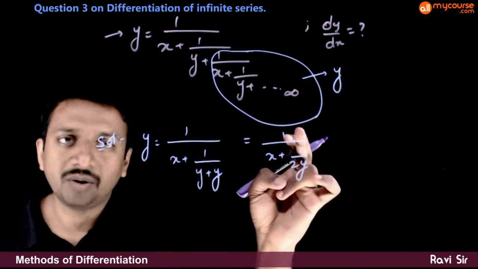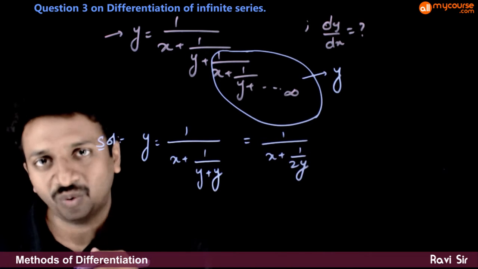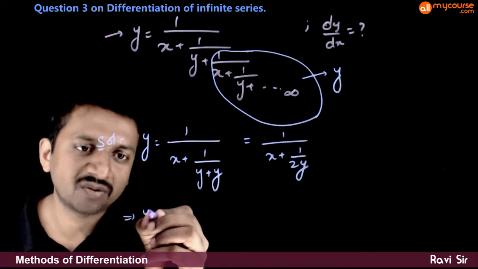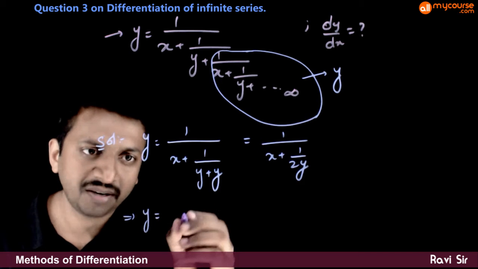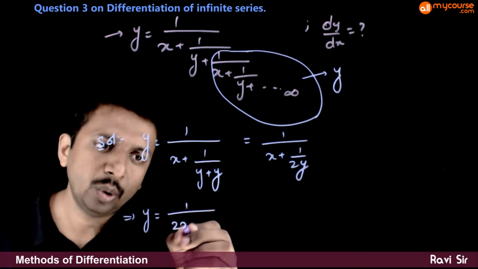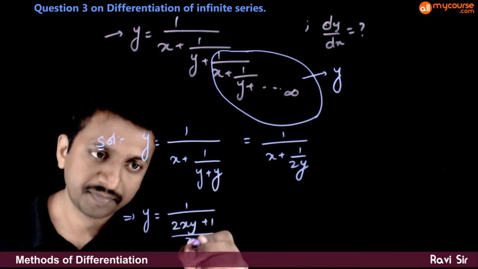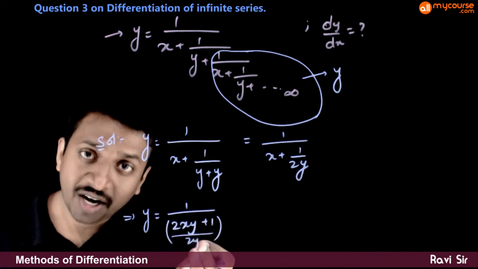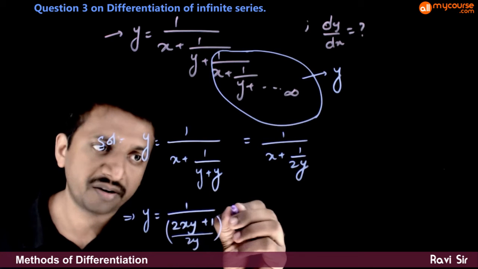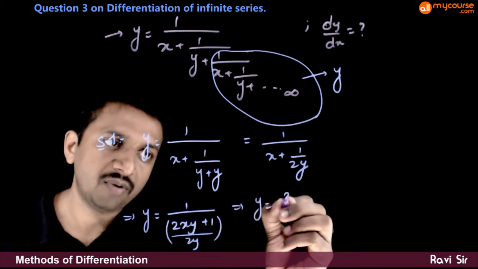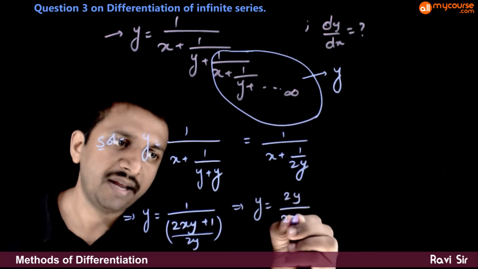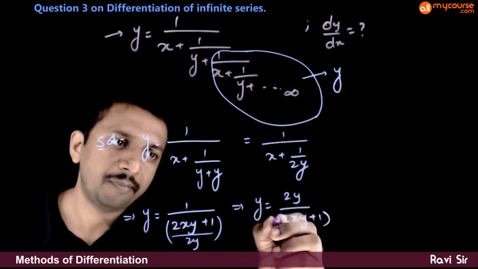So y is equal to 1 by x plus 1 by 2y. If you take the LCM here, y is equal to 1 by 2xy plus 1 by 2y. So this denominator goes into the numerator. This implies y is equal to 2y by 2xy plus 1.